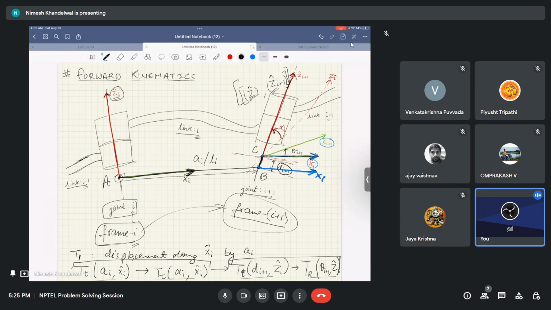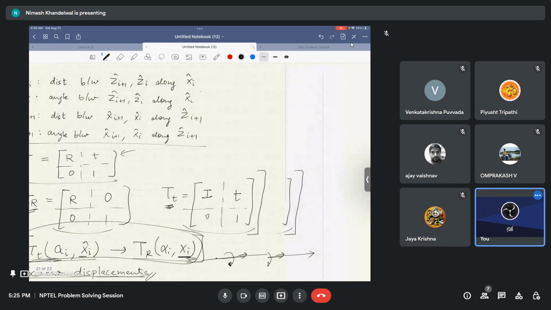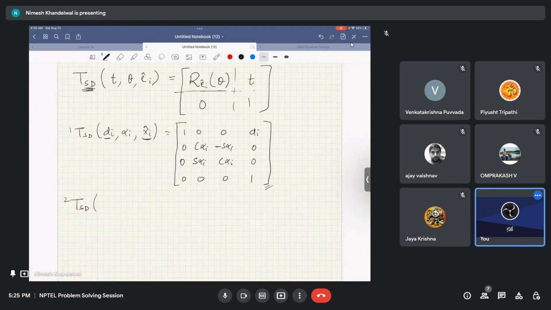It is a translation and rotation about the zi axis, both along the new zi axis, if I should add. Oh wait, this is not di. You guys should spot these kinds of mistakes and tell me.